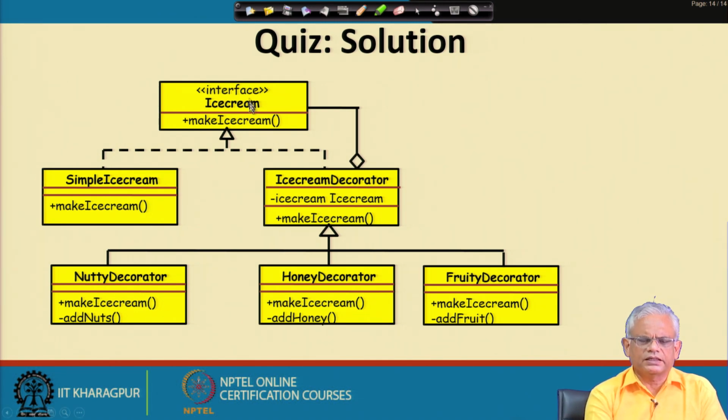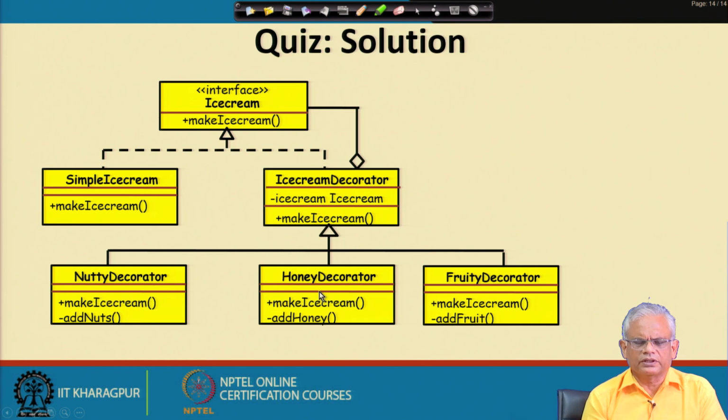The interface ice cream is implemented by the simple ice cream and the ice cream decorator. The undecorated ice cream, or the simple ice cream, has the make ice cream method here, which will draw the ice cream, and then we have various types of decorators here.